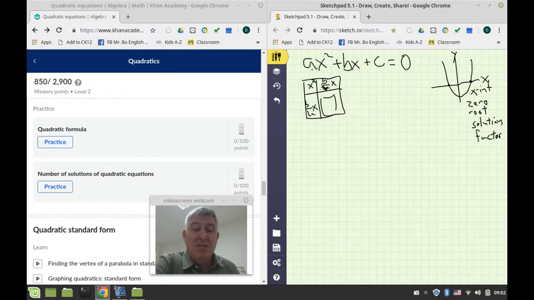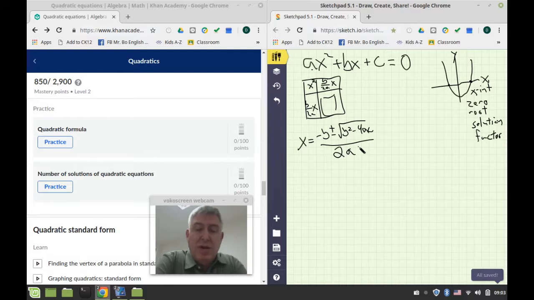But if we do it with just a, b, and c, with no coefficients, no constant, just a, b, and c, we can get a very general formula that looks like this, and that is called the quadratic formula.